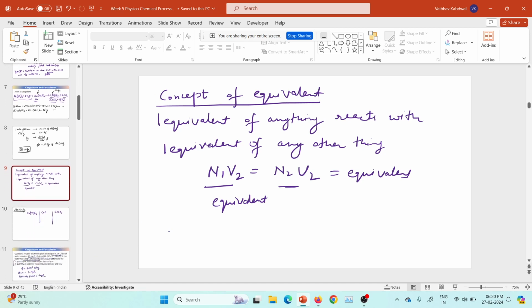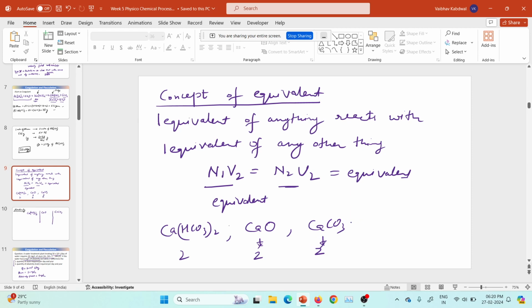So in our case, Ca(HCO3)2 has a combining capacity of 2, and CaO also has the combining capacity 2, and CaCO3 also has the combining capacity 2.